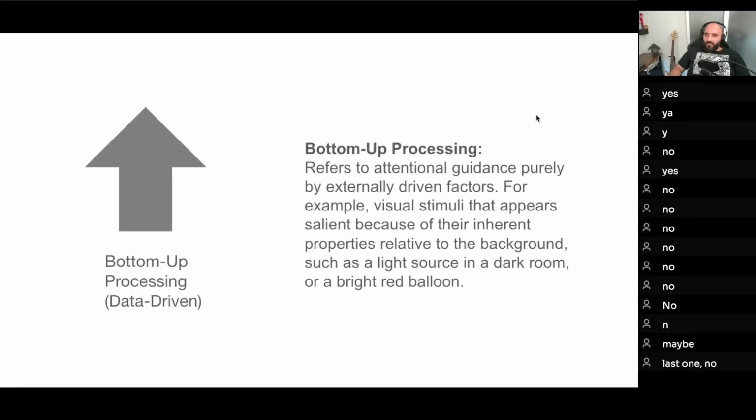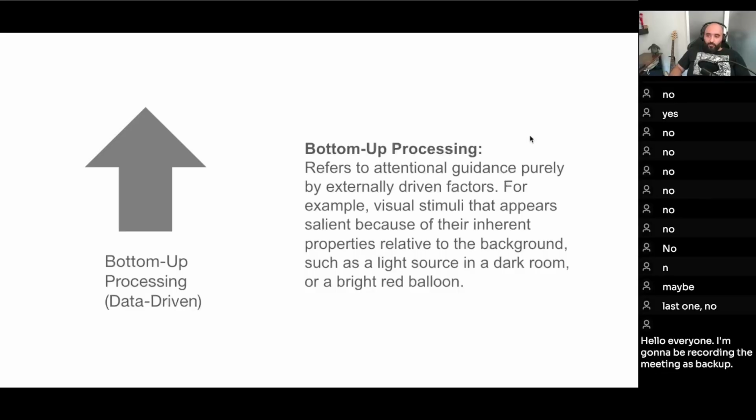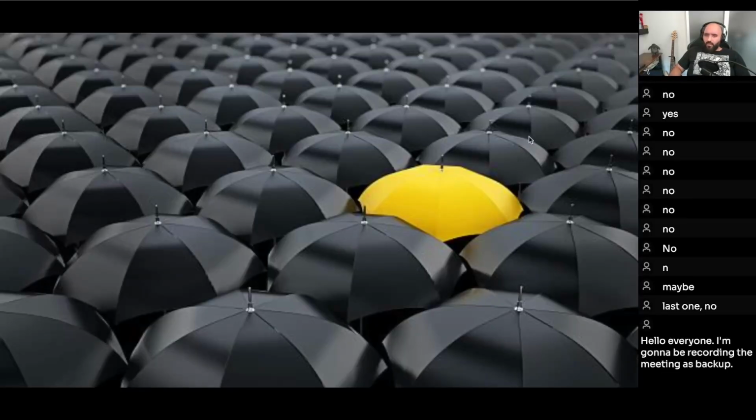So bottom up processing is the attentional guidance purely by externally driven forces. For example, visual stimuli that appear salient because of their inherent properties relative to the background, such as a light source in a dark room or a bright red balloon. So when you look at this image, you don't need any sort of knowledge to be able to understand the differences between the yellow umbrella and all the other ones.